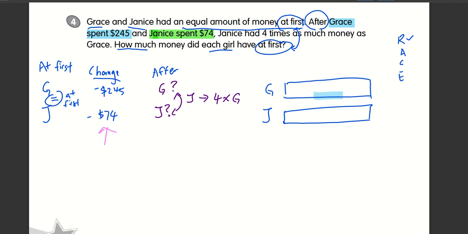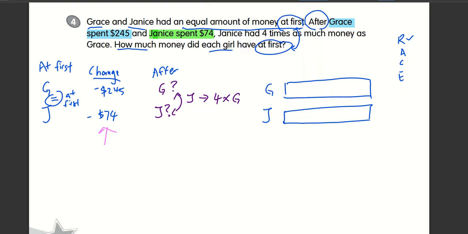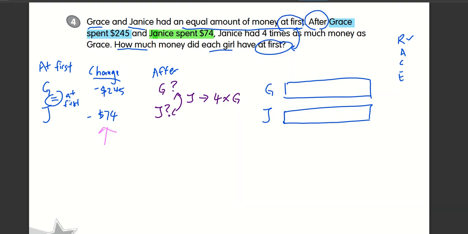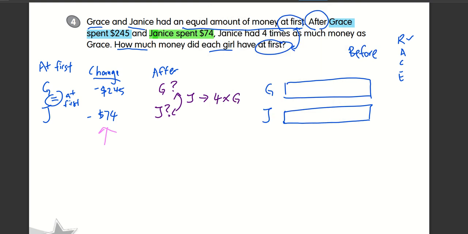If I say after, let's use another color. Let's say that after, I use the purple, that means this is before, right? The blue is before. This is what it looks like when it's before. Let me use the purple color to draw in the model. It looks like after. Out of this equal, they're supposed to spend something, and then they should end up looking like Janice having 4 units and Grace having 1 unit.